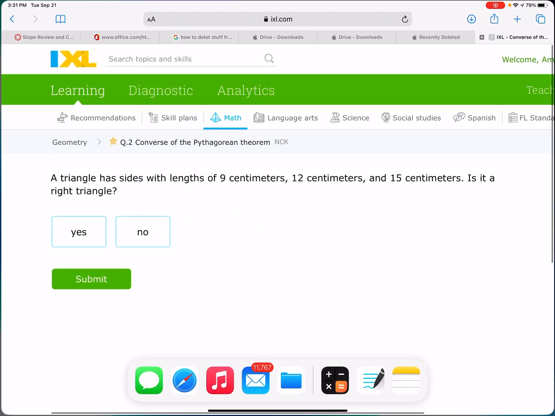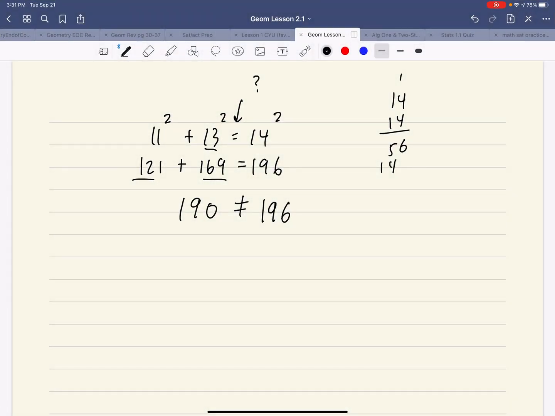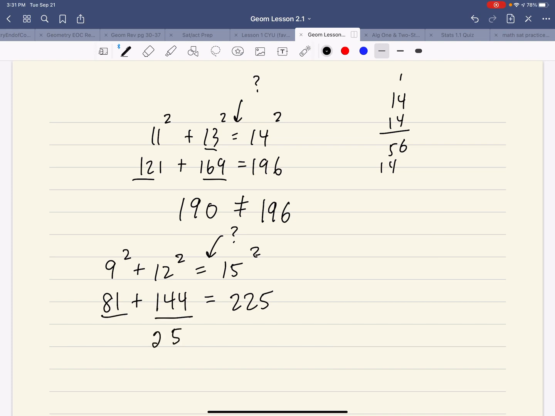What about a 9, 12, 15? Is this equal? So 9 times 9, 12 times 12, 15 times 15. All right, if we add these two, interesting, I get a yes. So apparently a 9, 12, 15 works.